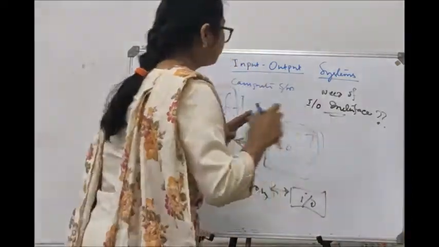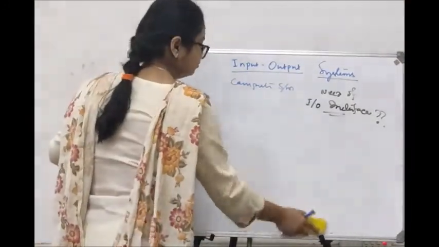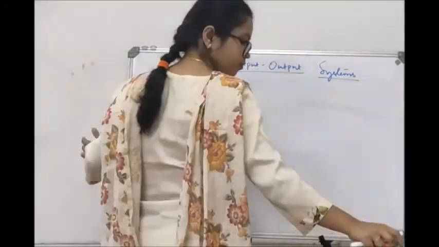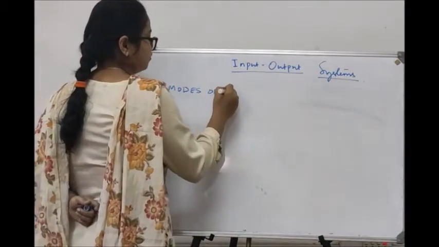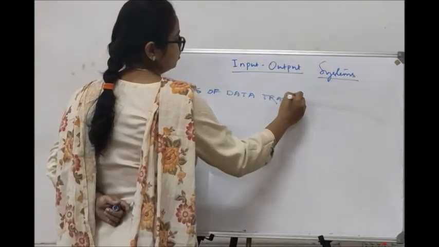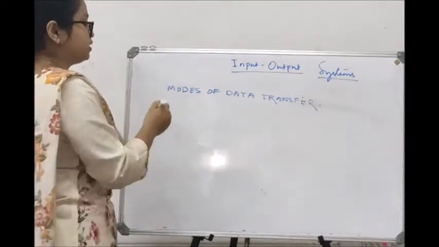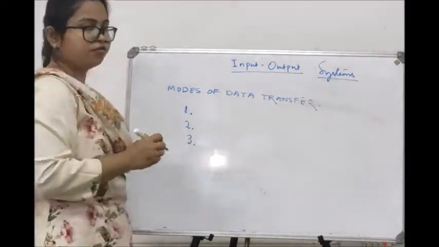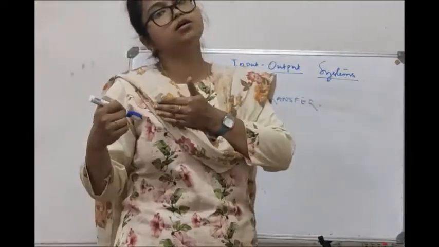So there are basically three modes of data transfer. What are the modes of data transfer? How is data transferred? There are basically three types of data transfer from the I/O device to the computer.